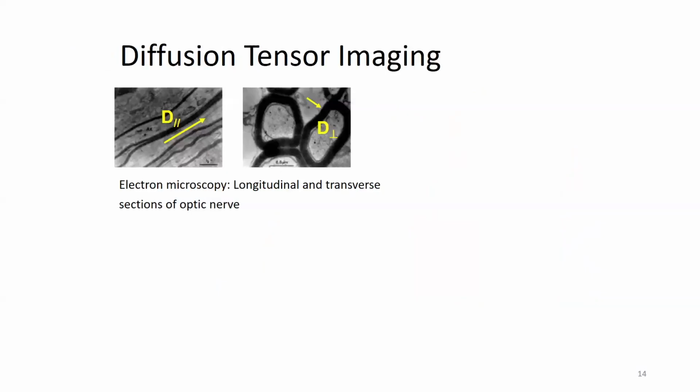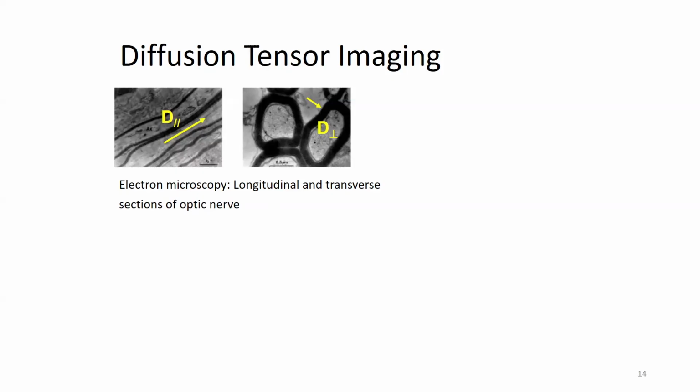So why spaghetti? This is an electron microscopic picture of the optic nerve, and this is the longitudinal section, and this is the transverse section. And again, we have this optic nerve. And what is this around this optic nerve? Myelin.